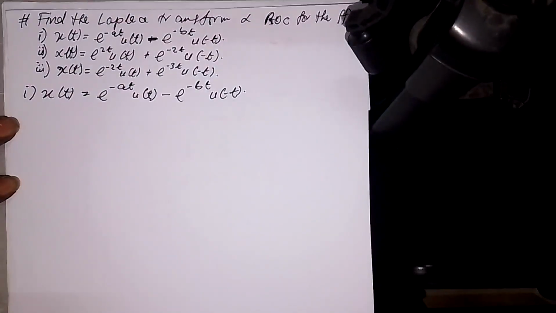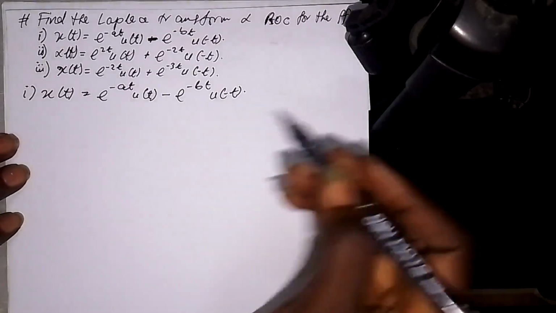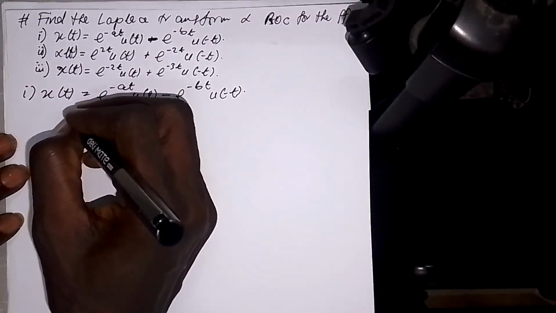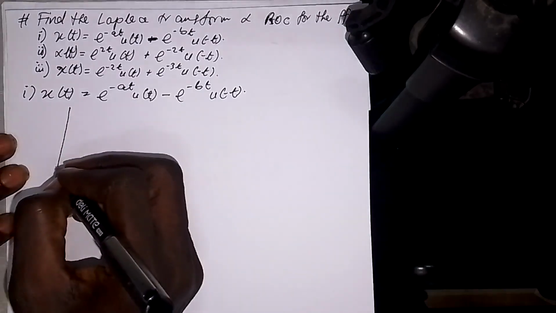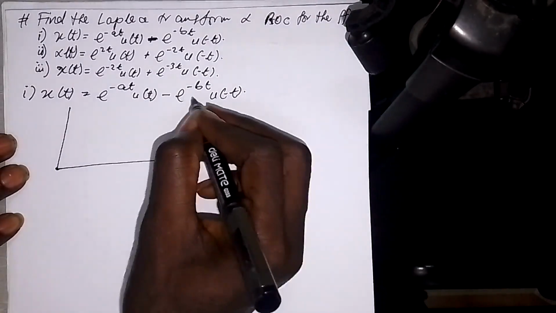Please recall from our previous lectures on Laplace transforms, signals and systems Laplace transforms problems number 1, 2, and 3, that we found the Laplace transforms of this one and of this one.